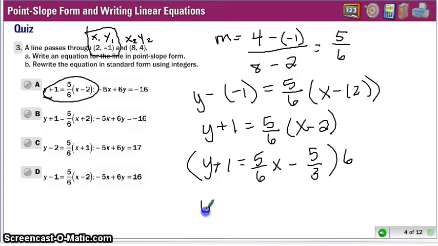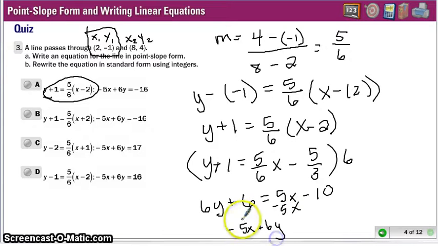So you'd multiply each term, the y by 6, the 1 by 6, 5/6 times 6 is 5, and then 5/3 times 6 is 10. And then as you can see from the answer, you subtract the 5x from both sides and move the coefficients to the same side. And you'll get the same answer up here.